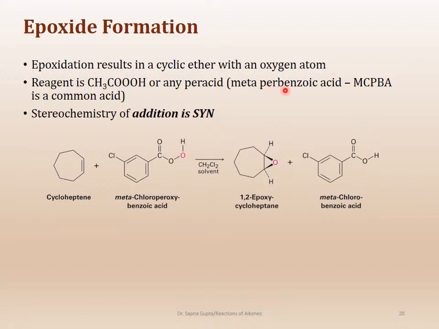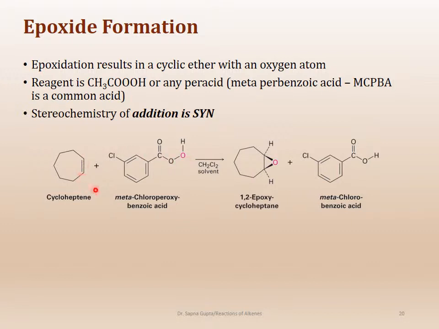One of the common per acids to be used is meta-chloroperbenzoic acid, MCPBA, and this is what the structure looks like. We're going to do nomenclature of aromatics in Organic 2, but this is the benzene ring, here is the chlorine, and here is the per acid part, because benzoic acid is COOH, but there's an extra oxygen in here, and that extra oxygen is the reactive component of the per acid.